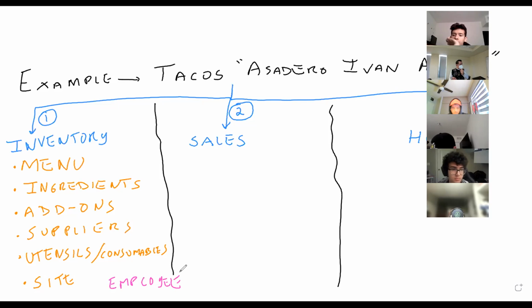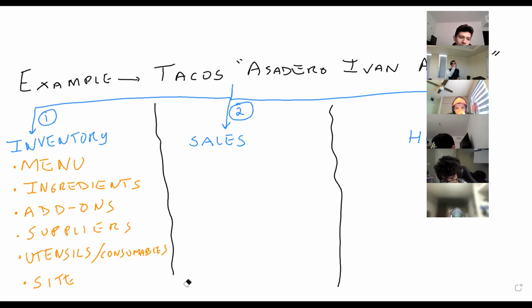Now, it's clear that Asadero Ivan Aceves, you couldn't become an enterprise if you didn't have employees. Obviously, you have employees, but right now, I'm looking at the inventory. So yes, an employee is a part of the organization, but it really doesn't make sense within this context. Okay, let's leave that there.